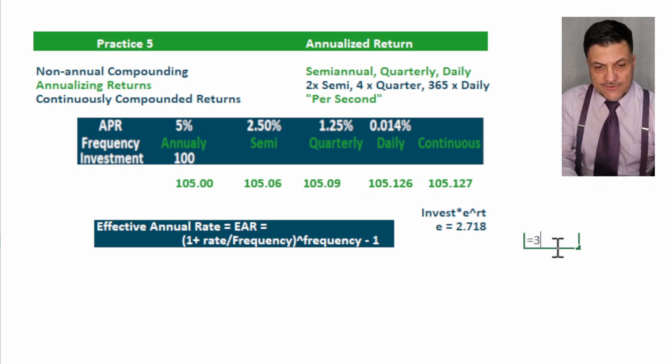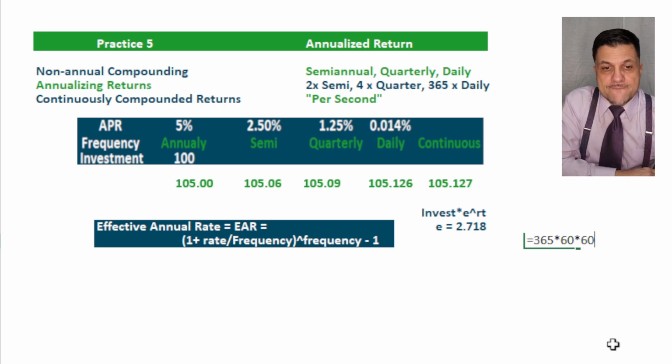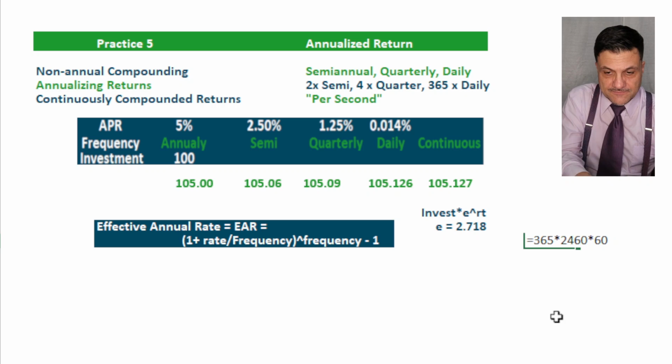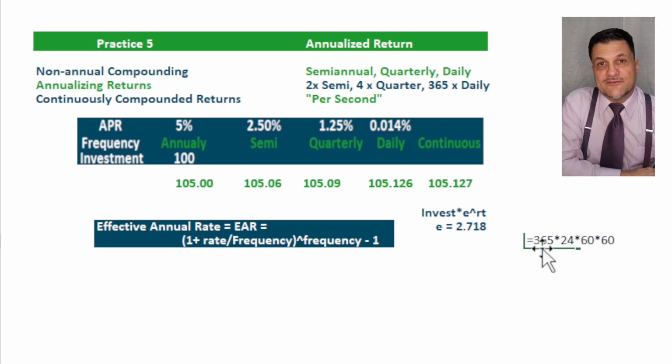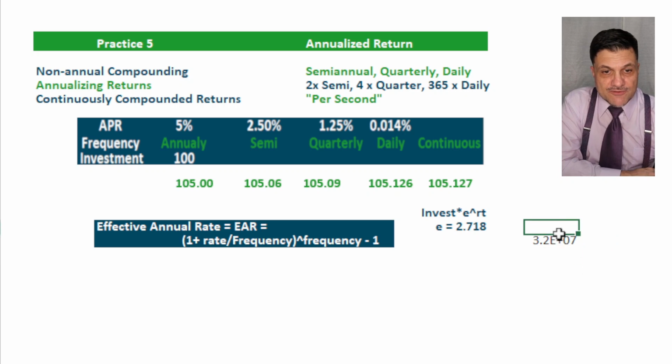So you take 365 days, multiply by 24 hours per day, times 60 minutes per hour, times 60 seconds per minute. Multiply all of this, and that's your number of seconds.